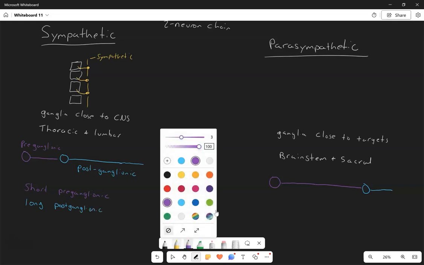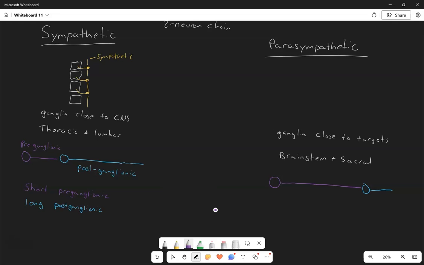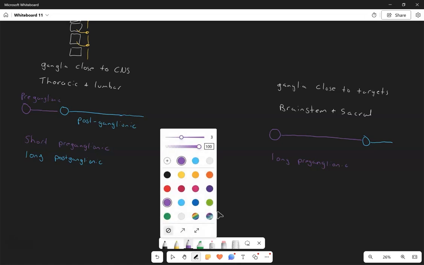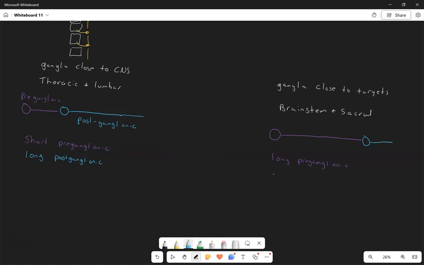Over here in our parasympathetic, notice that it's backwards, or the opposite. We had a long preganglionic fiber, and then a short postganglionic fiber.